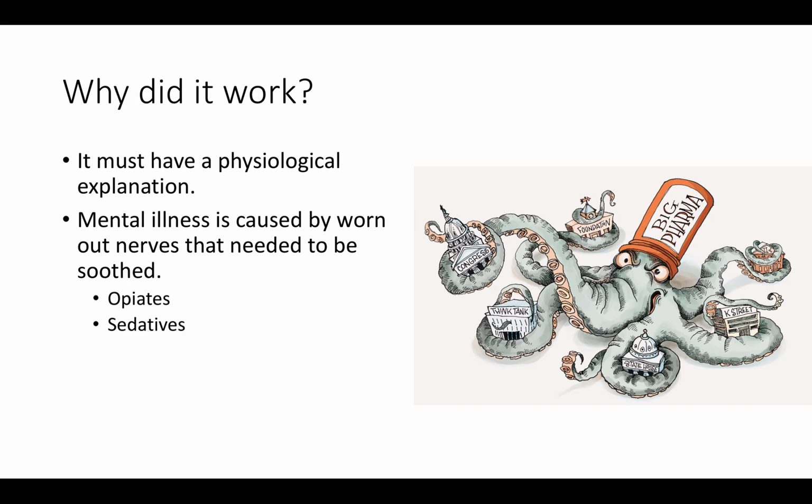So, to speed up this process, let's give people opiates and sedatives. This will heal their nerves. This was the first in many missteps where one group of more scientific and economically oriented people were saying we need to figure out the biological basis and made a bit of a misstep.